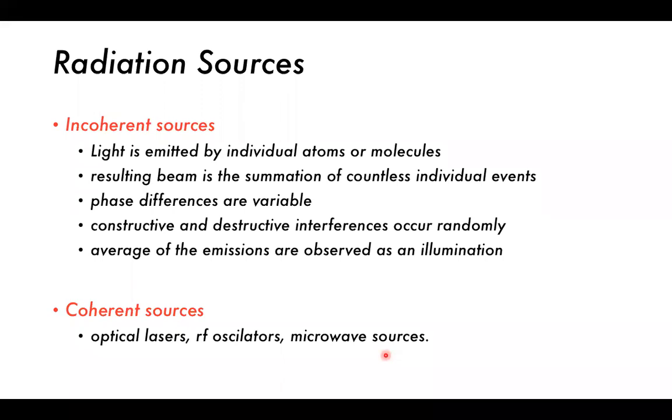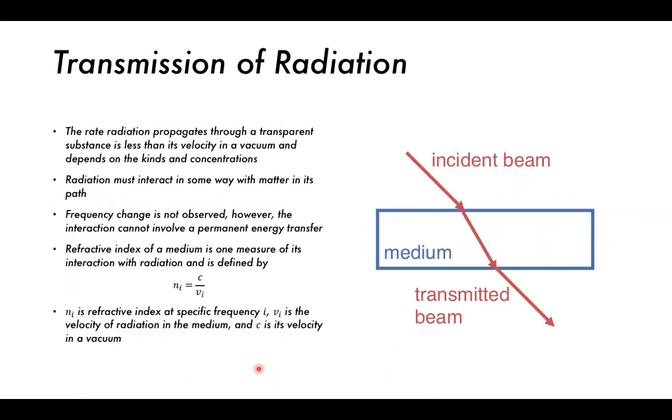These are always of the same size, almost always with the same frequencies, and they are very, very coherent sources of light. Radio frequency oscillators are what is used in NMR, and so they are also designed to give coherent sources of electromagnetic radiation. So radiation can transmit through a sample.